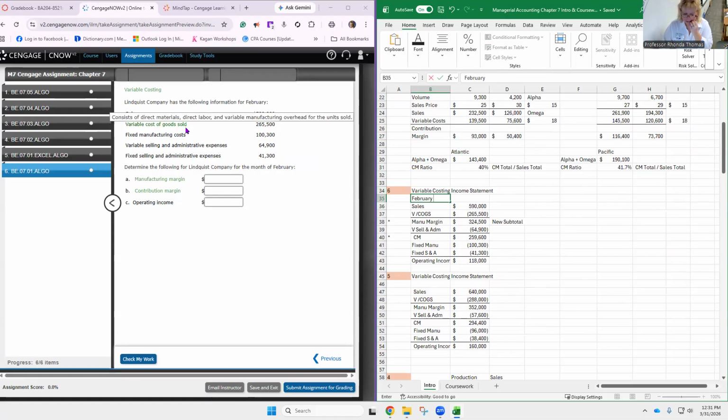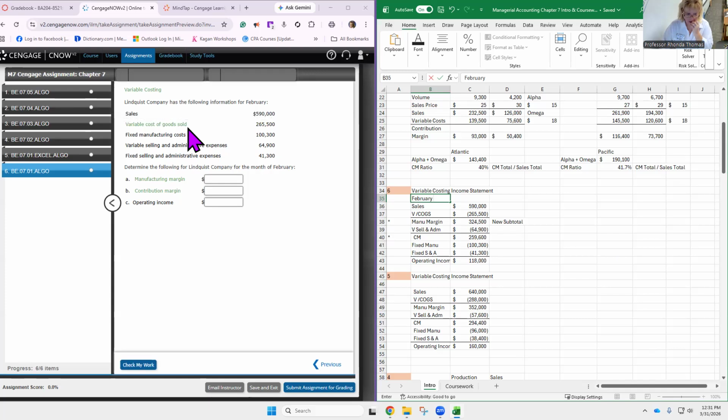If there was a fixed part of cost of goods sold, we would push it down to fixed manufacturing costs. Manufacturing costs are still part of cost of goods sold, but in this way, we're going to break out income a little differently. So we put the variables first.